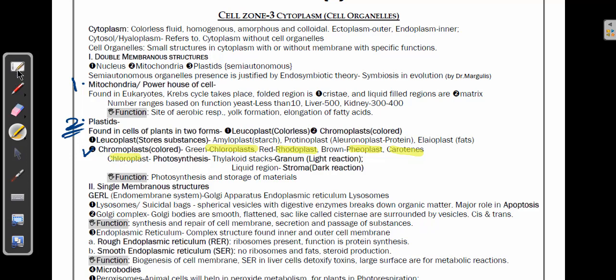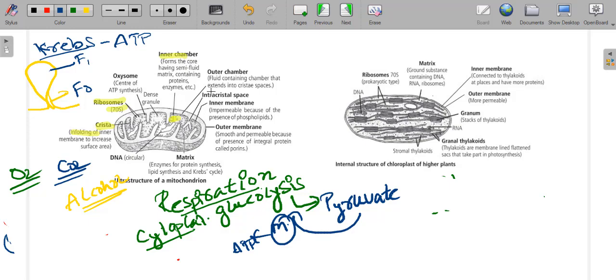Let us look at the structure of the plastid. As I told you, as per the endosymbiotic theory, it has its own ribosomes, like 70S, and it has a matrix, and you can see the inner and outer membranes. There are very important structures called granum. They are stacks of thylakoids.